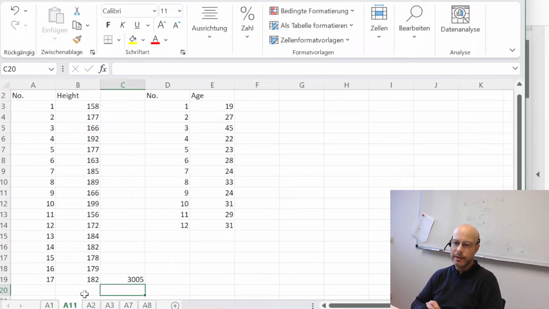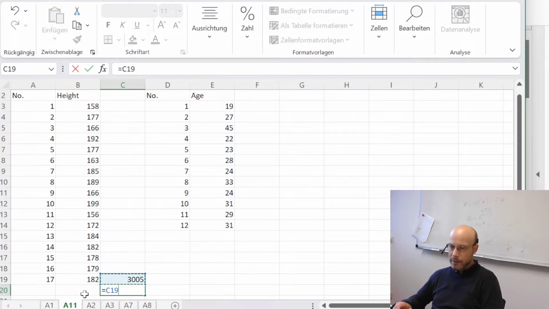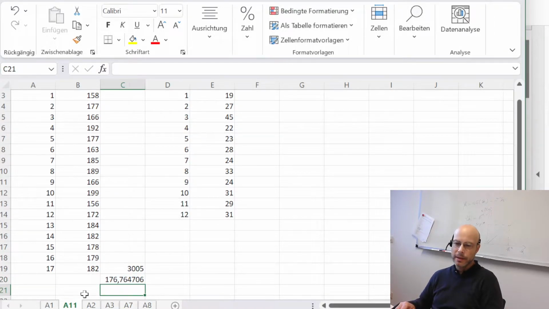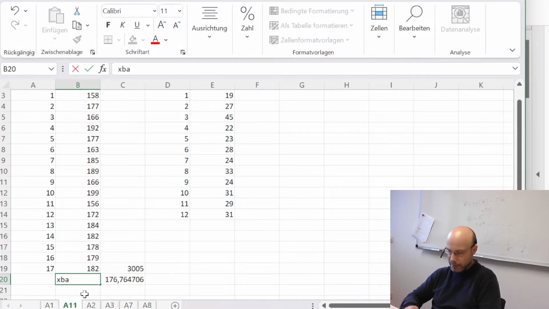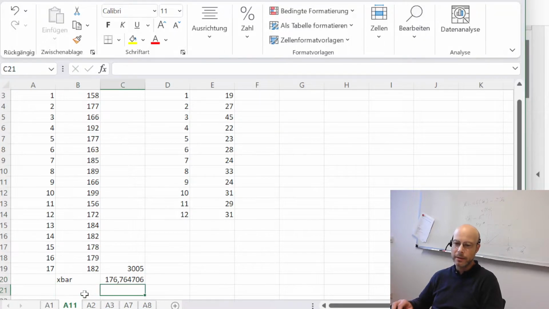This is 3005, and then we divide this by 17, of course, and this would then be the arithmetic mean. So that's x bar as the arithmetic mean.